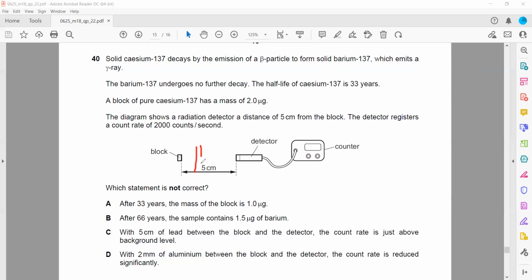That's also true, because beta particles can be stopped by aluminum, so the radiations are not able to pass through, and the detector counts will decrease as well. So statements B, C, and D are all correct. A is not the right statement. The total mass does not change, it remains the same, but out of the total mass, the amount of cesium and barium will change. The amount of cesium decreases as it decays, and the amount of barium increases.